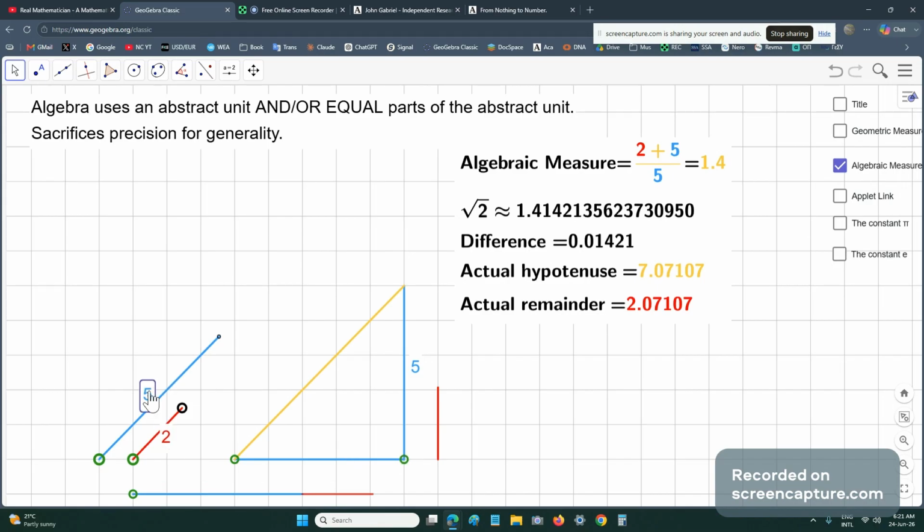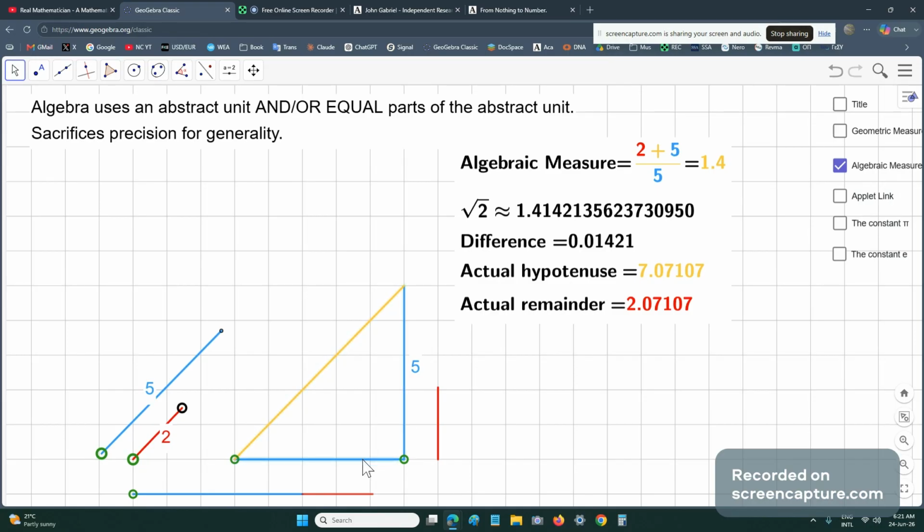As you can see here, if the unit is 5, we need 5 of those, and approximately 2 of that. It's not 2, but I've just taken the integral part of it, okay, because it's an algebraic measure. If you say 2 plus 5 divided by 5, you get 1.4, which is not exactly the measure, but that's so because this diagonal cannot be measured in algebra exactly using the side.